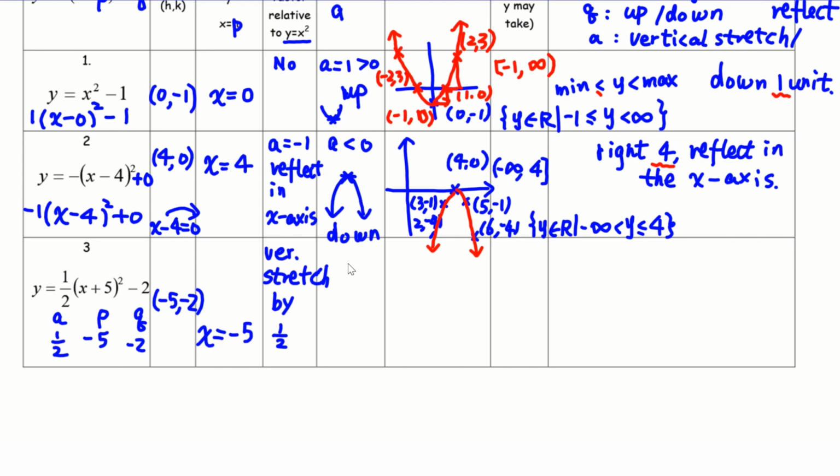A is positive, so it will open up, and we sketch it. It will be (-5, -2), then right 1 down half, then right 1 down 3 or 2.